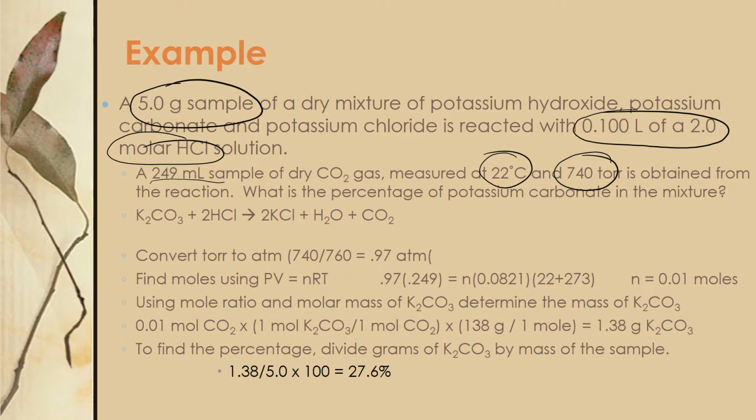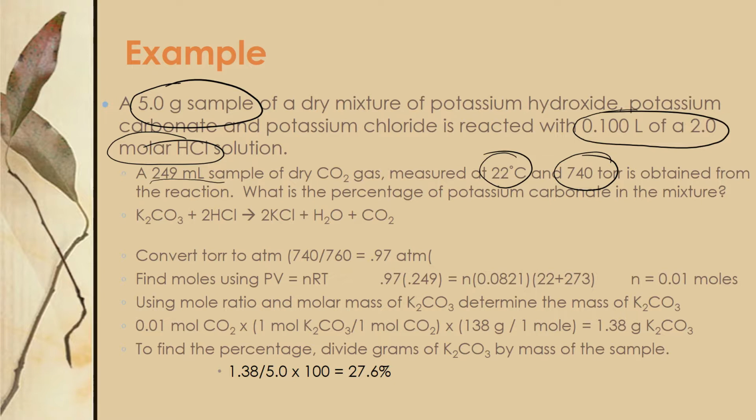So they tell me that I'm reacting this with an HCl solution. I'm given this equation. Potassium carbonate reacts with HCl to produce KCl, water, and carbon dioxide.